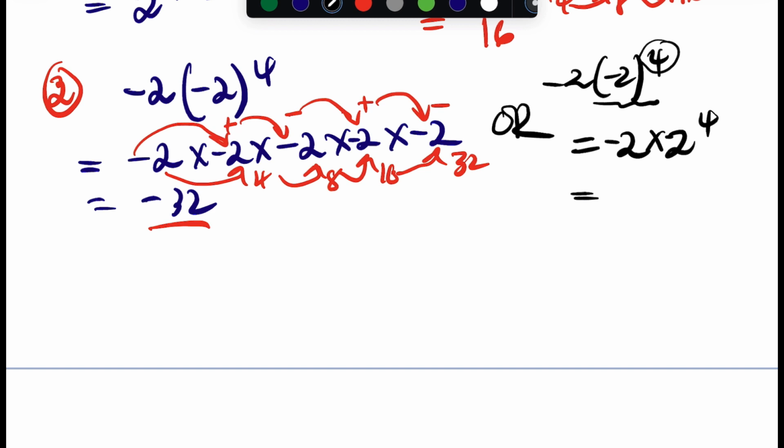And then you have the negative there, and then you add the powers. You have a 1 and the 4, so it's going to be 1 plus 4, which is negative 2 to the power 5, which is negative 32. I hope that makes sense, right? Let's look at this one now.